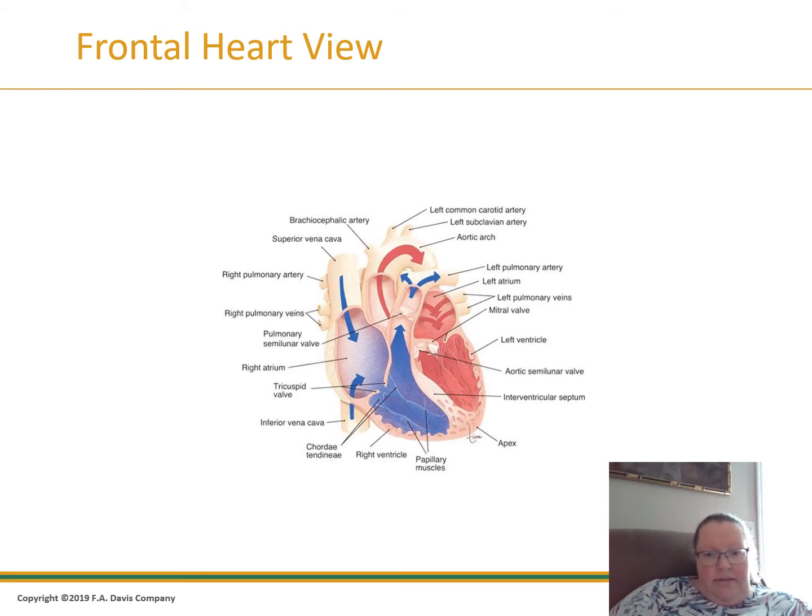here, right here, is the semilunar valve, the pulmonary semilunar valve, and it goes into the lungs, comes out of the lungs, right? Where is it coming out of the lungs? Here we go. Pulmonary veins into the left atrium and down.